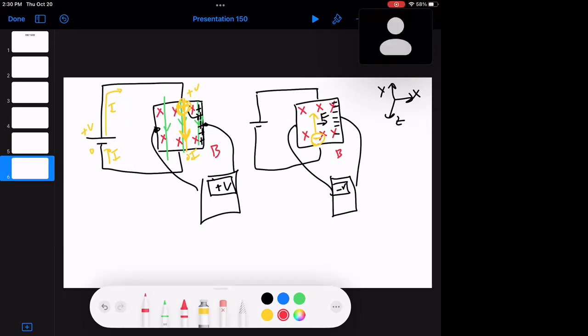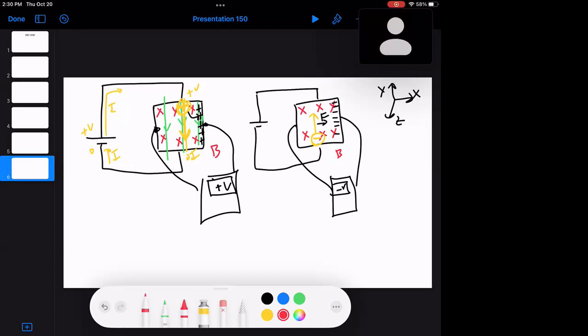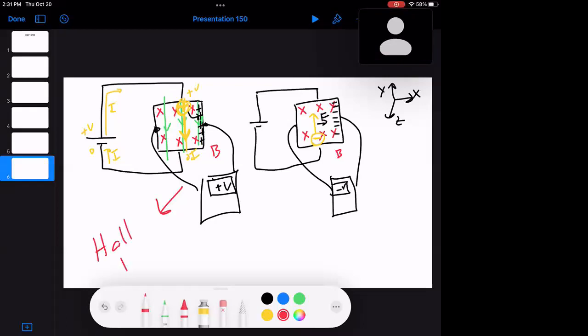But that's the basic idea, where different types of charge are going to react to this magnetic field differently. Sound okay? Okay. So that's the Hall effect, where this thing right here is a Hall probe. One day you might build it.